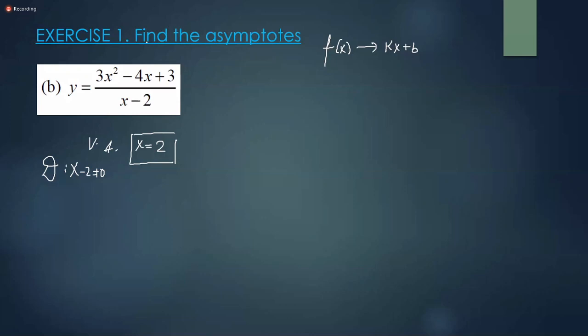Let's change the function y. Let's separate the polynomial. This is an improper fraction. Improper because the square is a higher degree than a linear function. So it's an improper fraction, and it can be solved by, for example, manipulation, but it could also be solved by polynomial division.